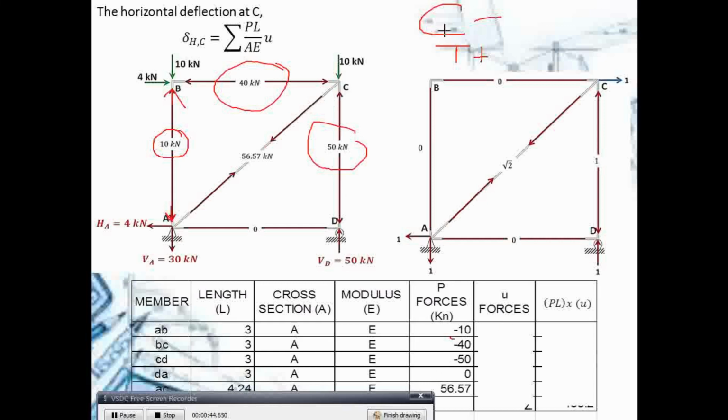Kaya compression siya. That is minus. DA, 0. AC, that is 56.57. And since the force or yung arrow is away from the joints, that is tension, and tension is positive.